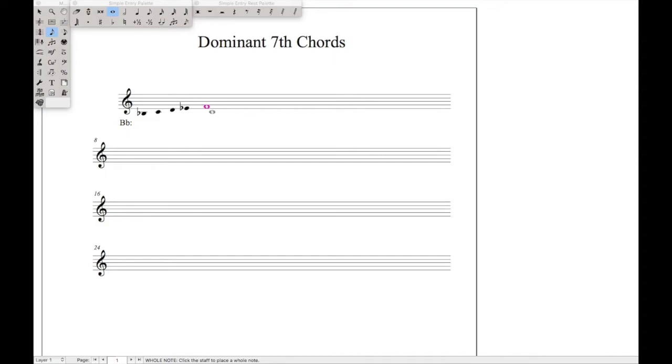So above F, I can go up and get my 3rd, which is A, and I know I have A naturals in this key because it's not B flat or E flat. Then I need a 3rd above that, which is C. So now I've got root, 3rd, 5th in the key of B flat on F, which is the dominant, and this is an F major triad.